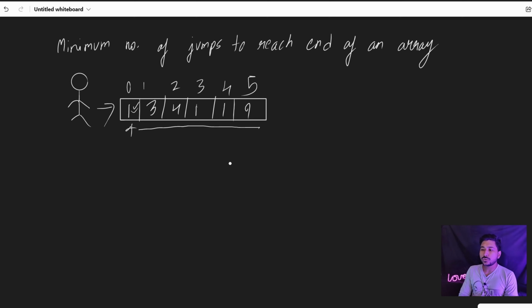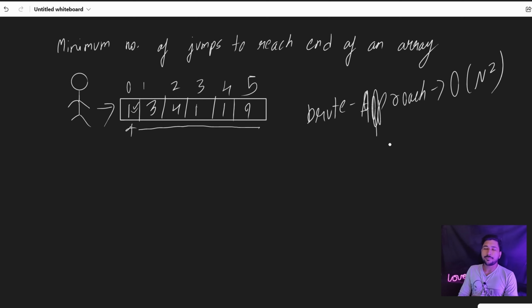You can do so, and that should be a brute force approach, and that will take you around big O of n square time, and that is not optimal because you will be using two loops to solve that.